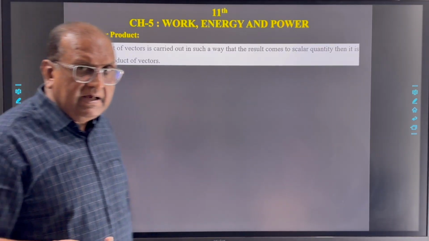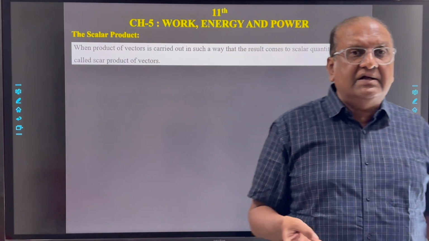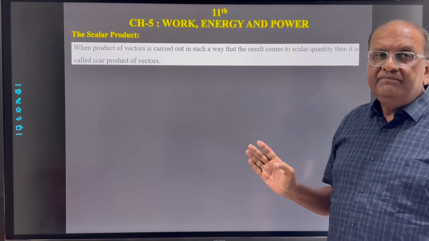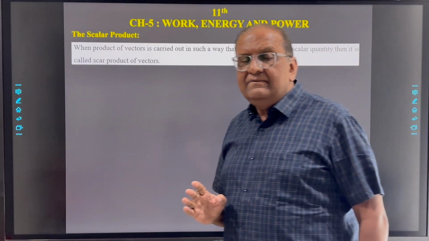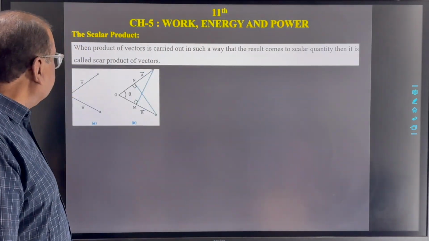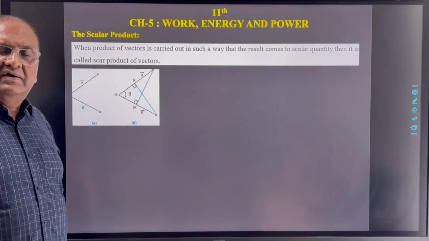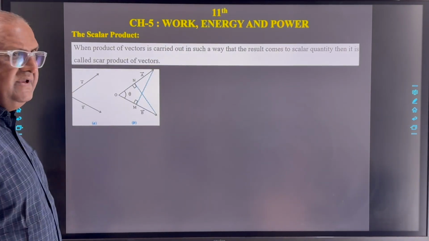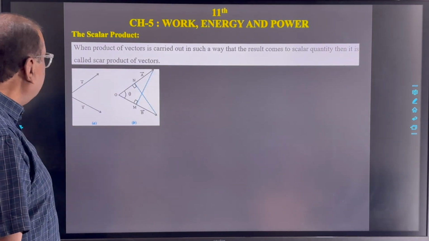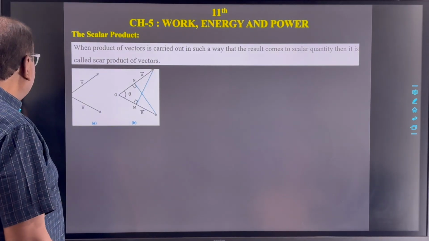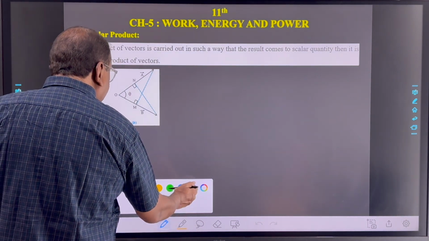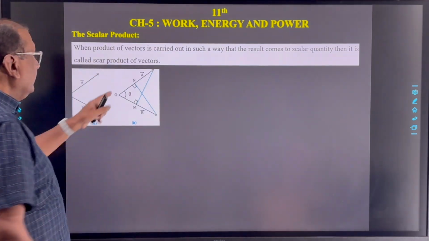Now, we can carry out the scalar product between two vectors, between three vectors, between four vectors. But here, we will restrict our discussion to the scalar product of two vectors. Now, see here. Suppose we have two vectors, vector A and vector B, and we represent both vectors from the same origin O, right? Then the angle between these two vectors is, suppose, theta.